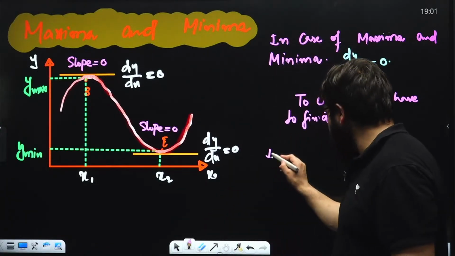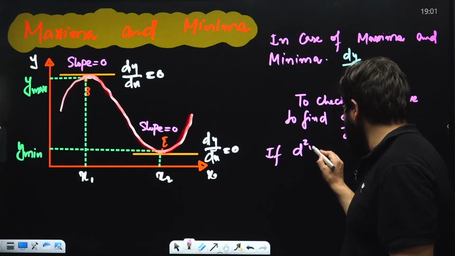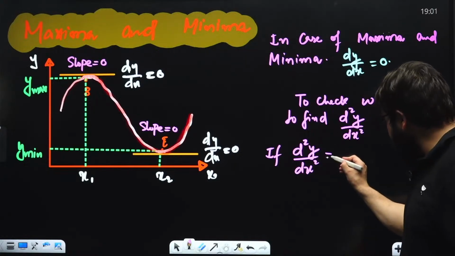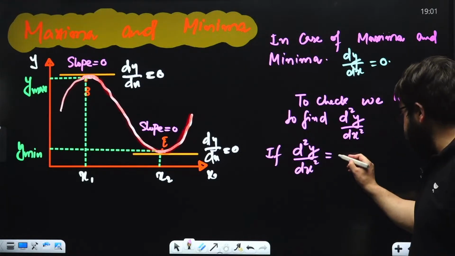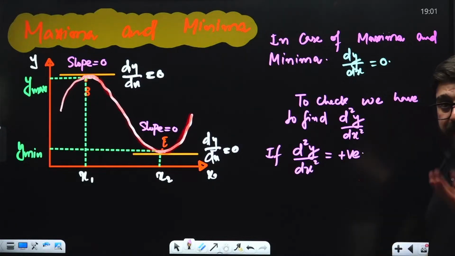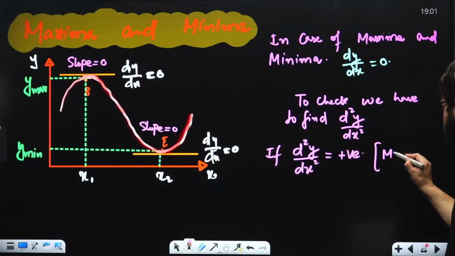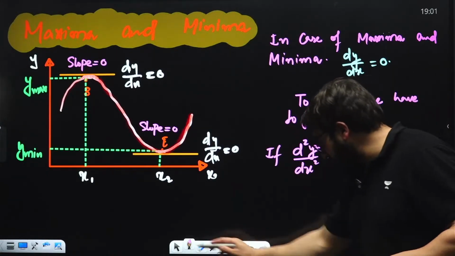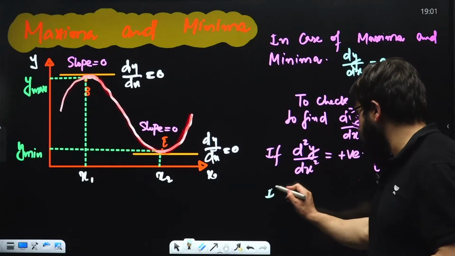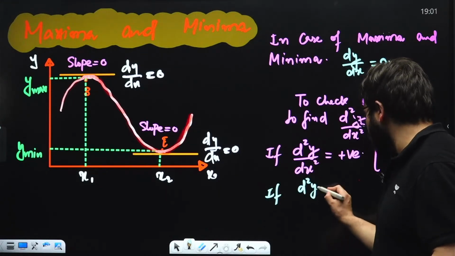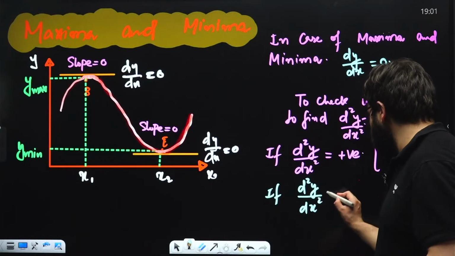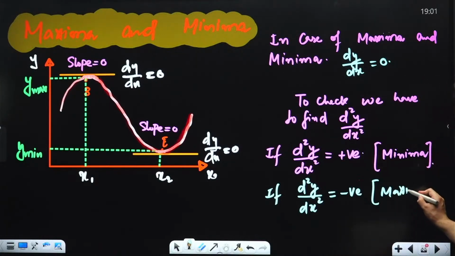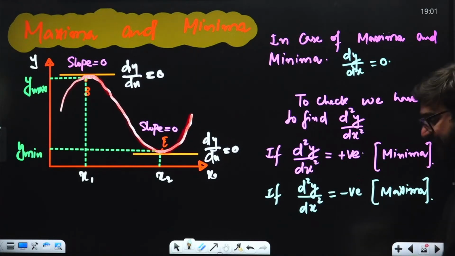If d2y divided by dx2 is coming out to be positive, it means it is minima. And if d2y divided by dx2 is coming out to be negative, we say it is maxima.